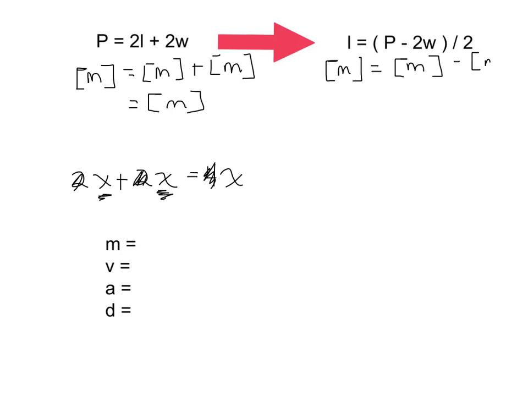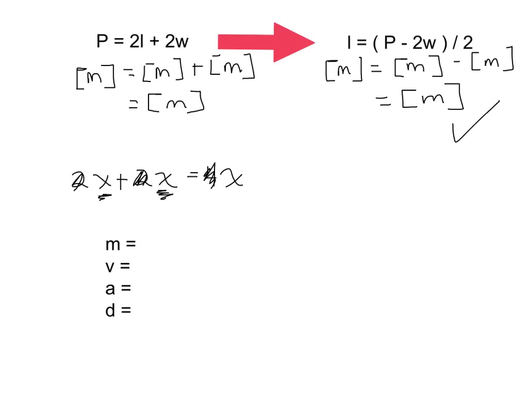And the width is in meters, and that whole thing is divided by 2, again a constant that we can ignore. And similarly with the subtraction here, as with the addition on the other side, we're allowed to subtract things that are the same, which means this subtraction is allowed to happen, and we still have a result of meters, so we're pretty confident with this result here.